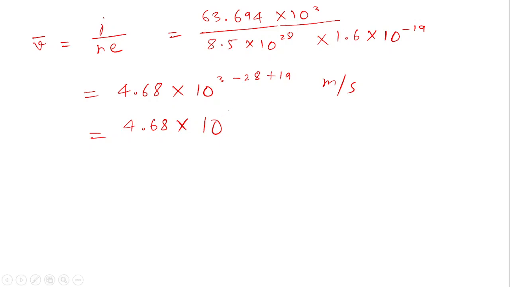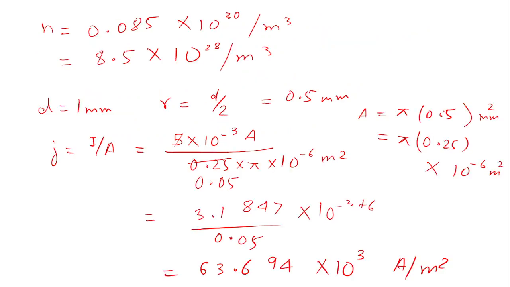Wait, I'm getting 10 to the power minus 6 meter per second. I think somewhere some small mistake has happened in the calculation. I'm not sure where. Let me check.